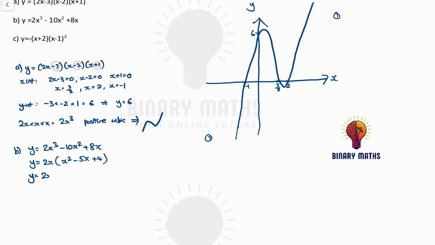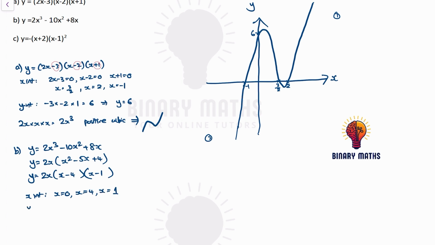And if I factorize this quadratic, I get x minus 4 and x minus 1. So after I've factorized it fully, now I know what my x-intercepts are. So my x-intercepts are x equals 0, x equals 4, and x equals 1.